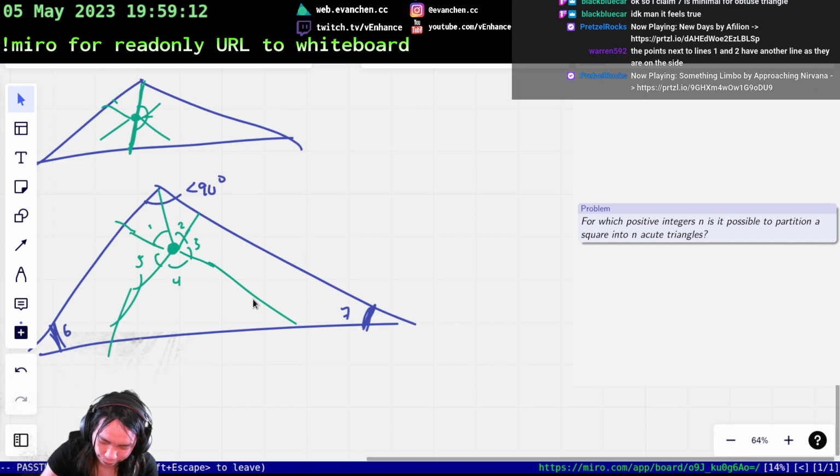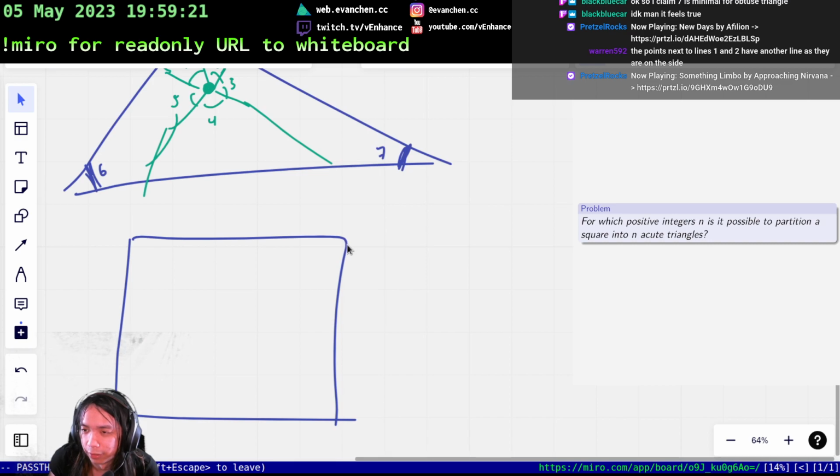So I want to start with a square, and run an argument along these lines, to try to get a lower bound of like 10 or something.